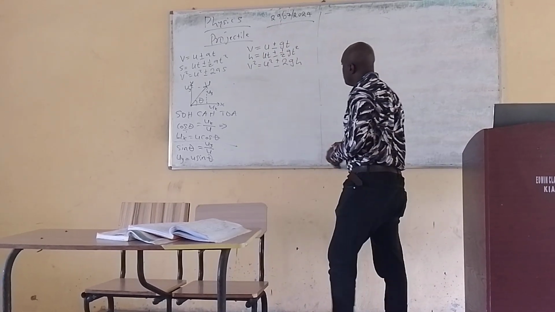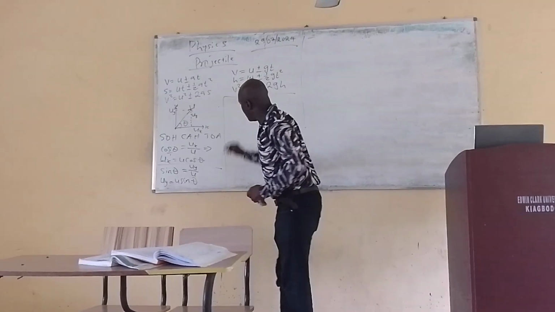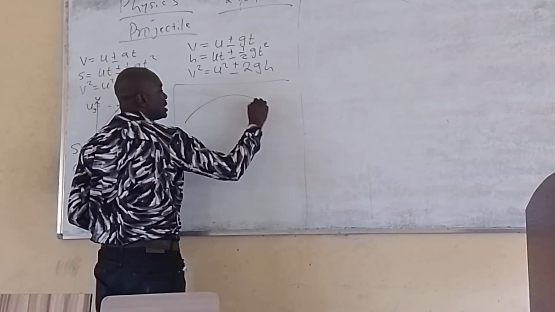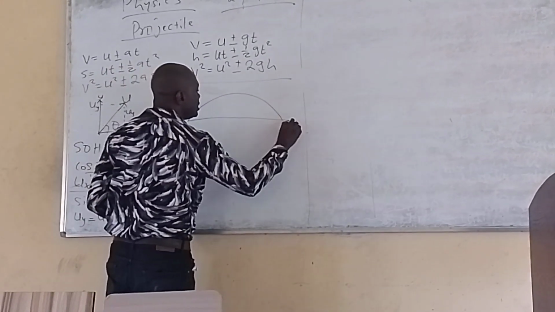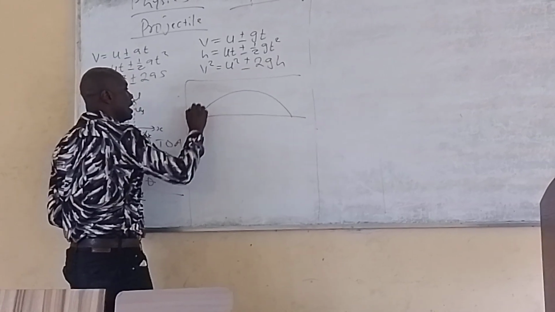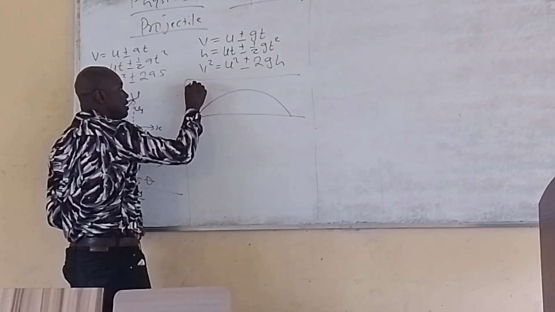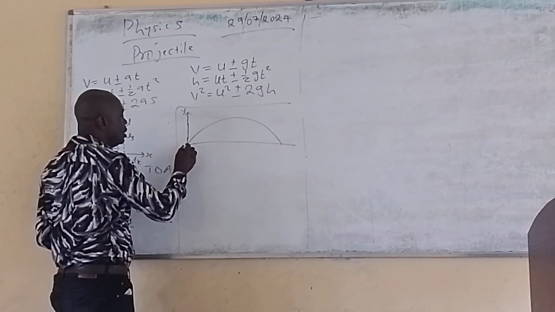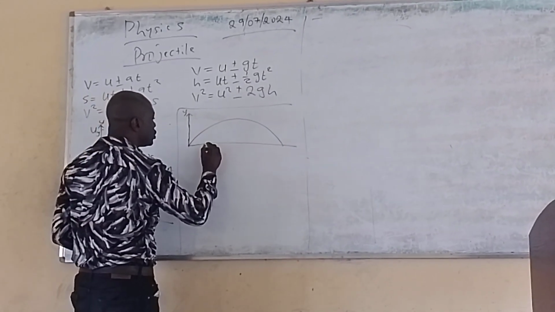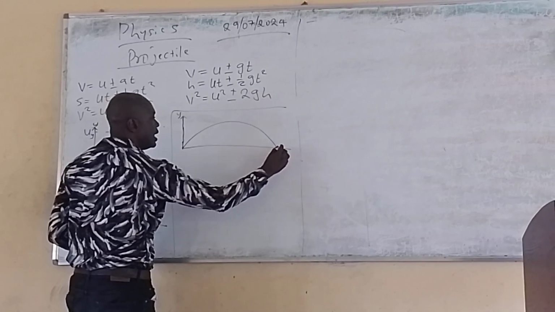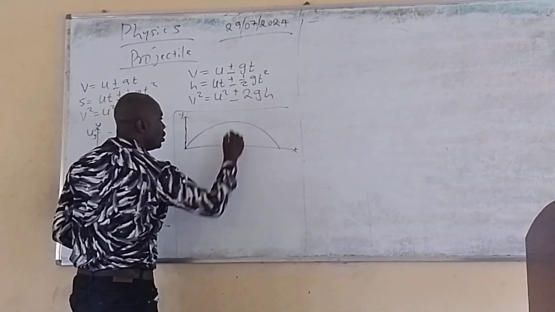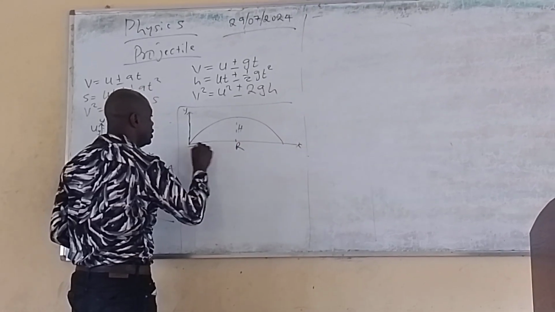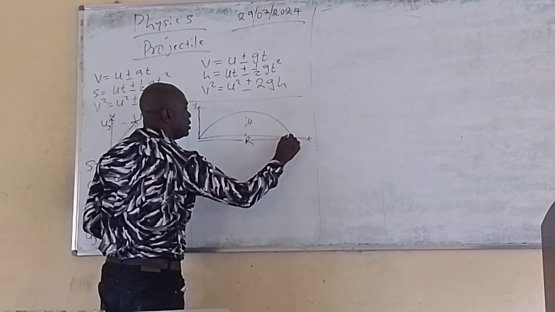Alright, so these are the things we have to remember and use to solve our projectile motion problem. Coming to that now, we now start with our projection. If a ball or anything was projected in a space, so definitely this is the plane of projection. This is the Y component vector, then this one is the X component vector. Then you call here our height, and here the range where it fell.